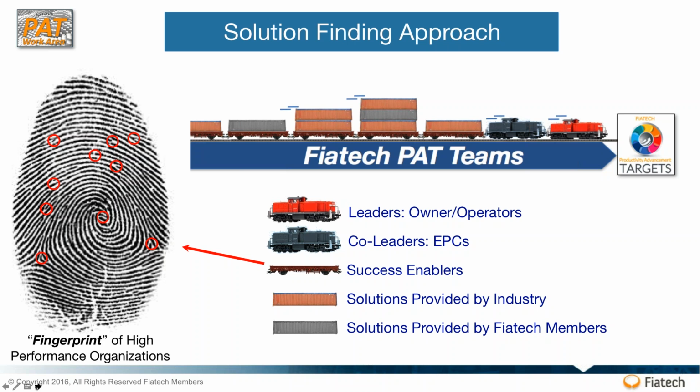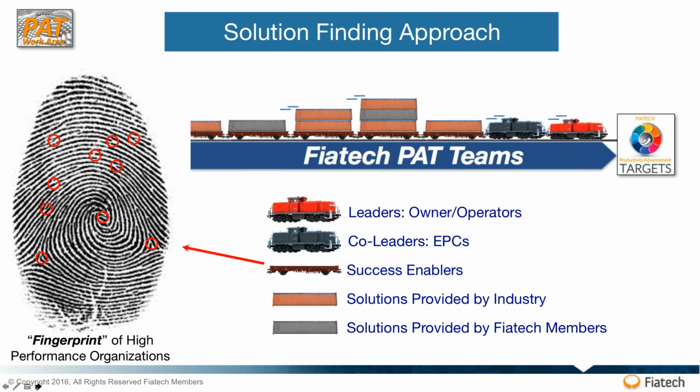So the analogy, I think it makes sense, and it's in those articles, is that with respect to productivity advancement target teams within Fiatech, you have two kinds of leaders. You have the owners, which have a vested interest and are highly motivated to achieve these performance improvements because it's economically driven.